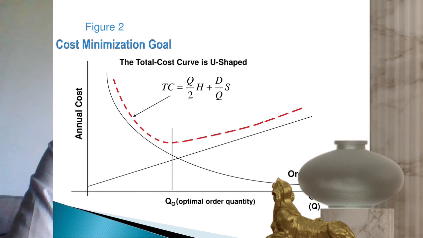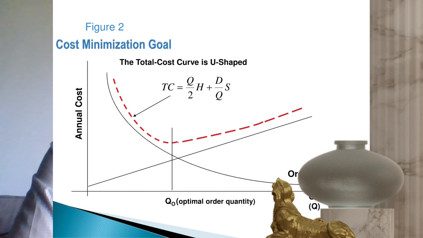The cost is low here, and as you order more, the cost is increasing. So when the quantity being ordered increases, cost increases. This cost is called holding cost or storage cost. If you store less, you will have low cost. If you store more, you will have high cost.